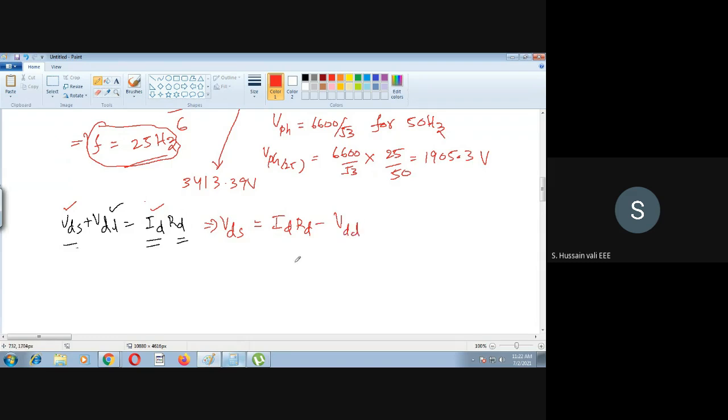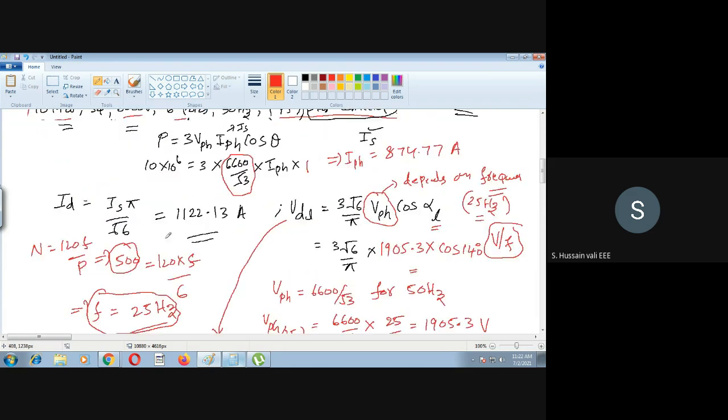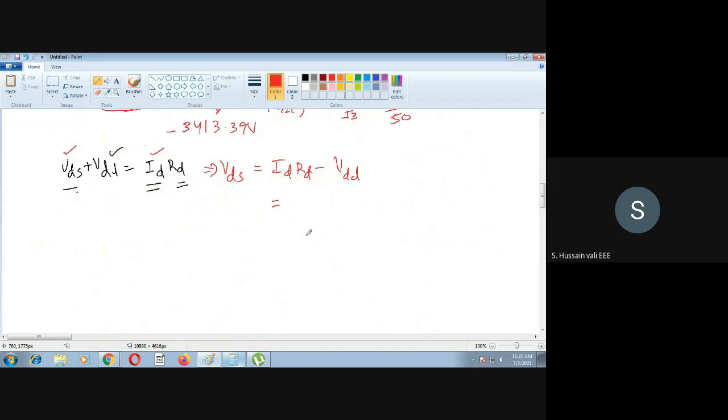Then with this we got the answer minus here. Then the ID value, how much did we get just now? Somewhere we found the ID value. Yeah, 1122.13. Everything we found out now. Into the RD value 0.2. So minus of minus plus 3413.39. So this is the VDS value. Okay, this is the VDS value. So we got the answer for VDS now.